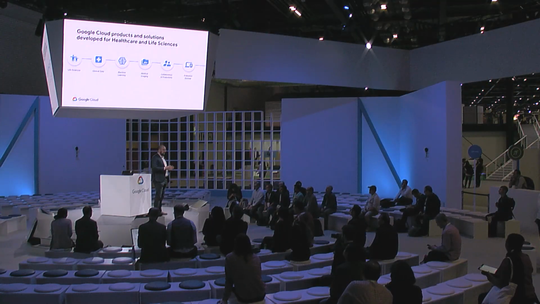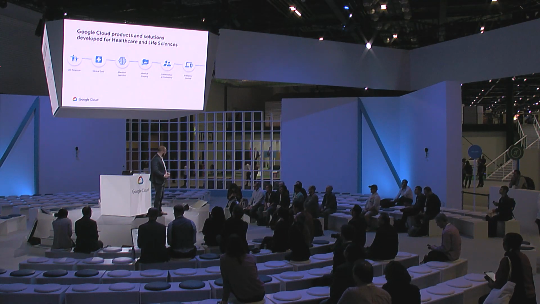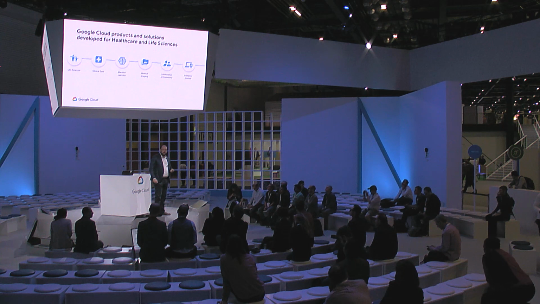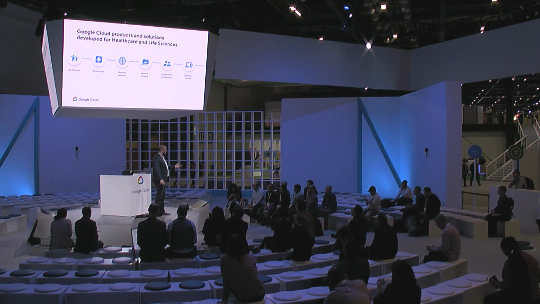So at Google Cloud, Healthcare and Life Sciences, we're thinking about a lot of interesting problems because there's so many great data problems in this industry. So not just life sciences, but also clinical data sets. You may have heard a bit if you stopped by the Healthcare and Life Sciences industry booth earlier. You may have seen about our de-identification API, which makes it really easy to strip out PHI from your EMR data or medical imaging data.